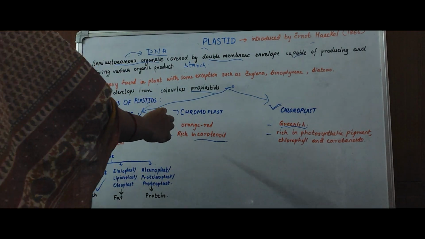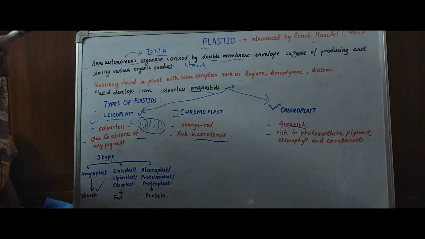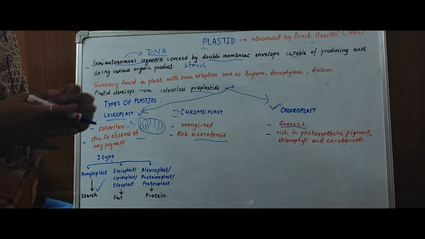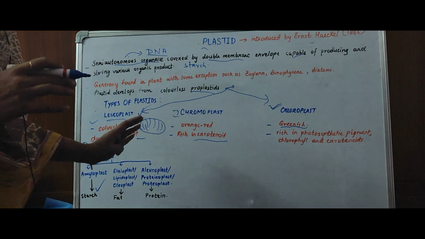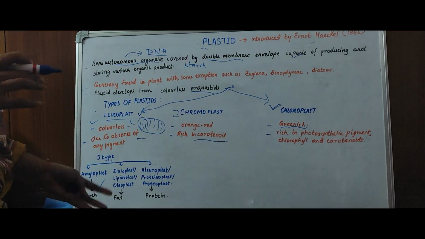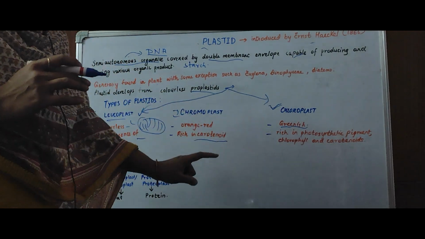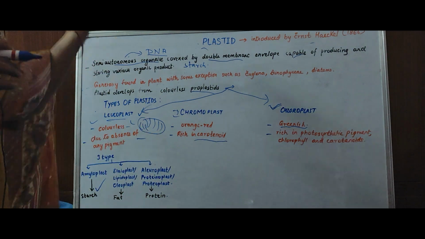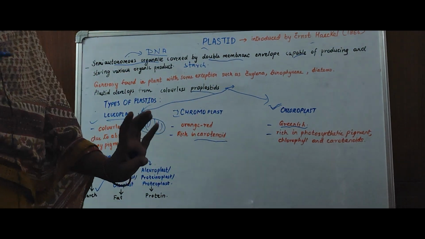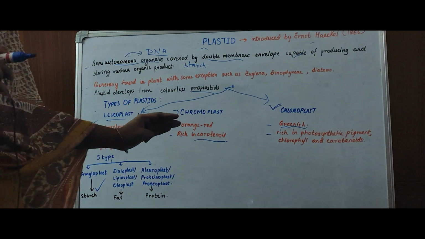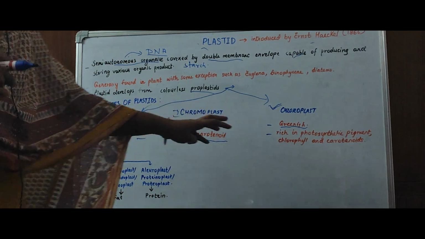Next is chromoplast. If they are derived from leucoplast, all the lamella will degenerate with time, and they will convert into chromoplast. If they are formed from chloroplast, then the photosynthetic pigment and other things will degenerate and they will be rich only in carotenoid. So with time they will change their color.